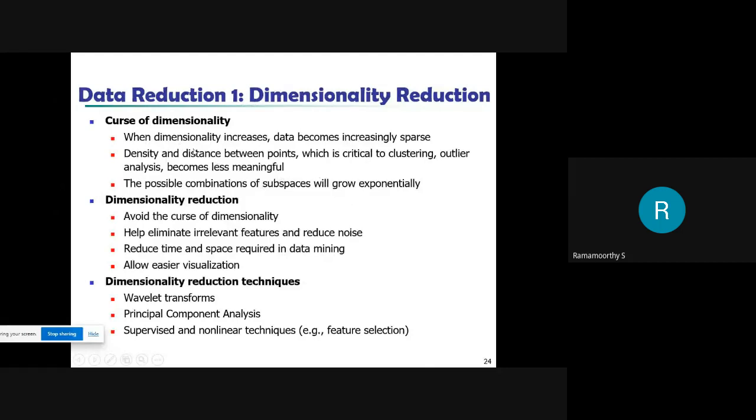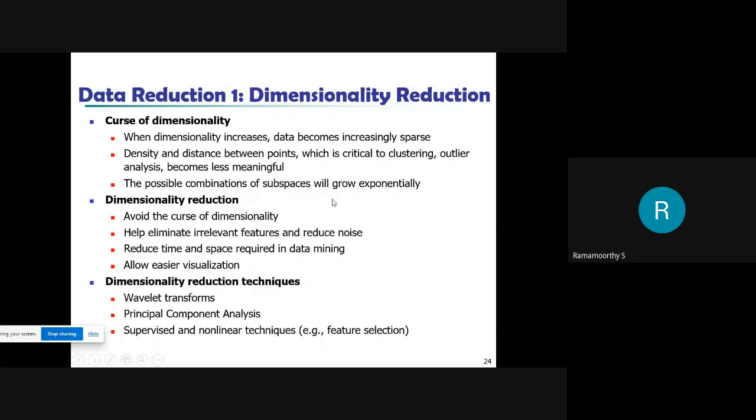So these are some of the points you need to take into consideration for dimensionality reduction. The possible combinations of subspaces will grow exponentially. So if you don't apply any strategy, any kind of dimensionality reduction over the data, the possible combinations of subspaces will grow exponentially.